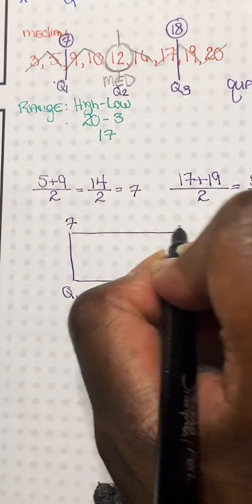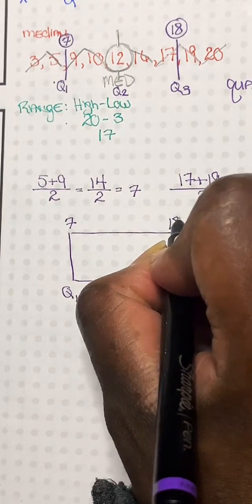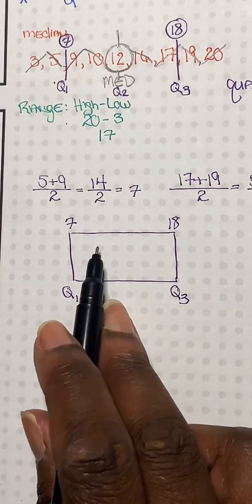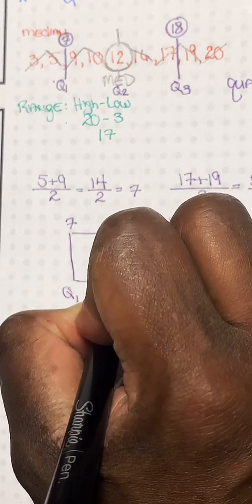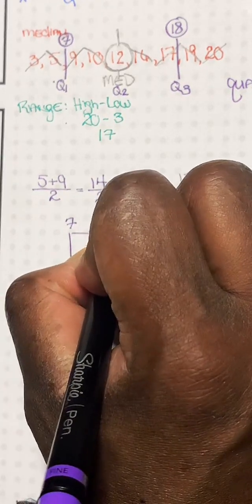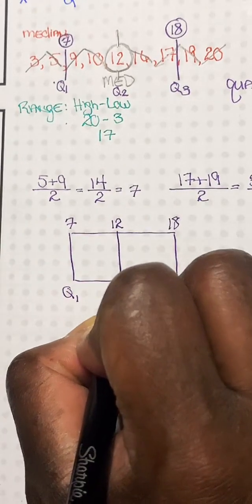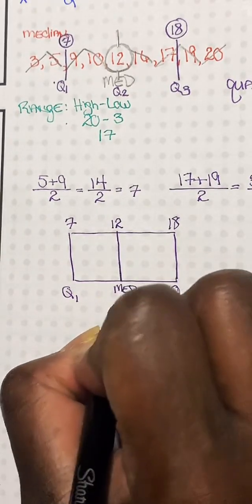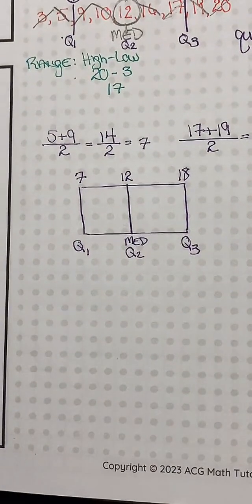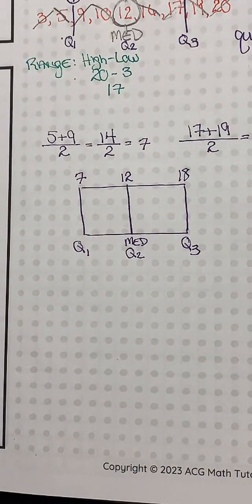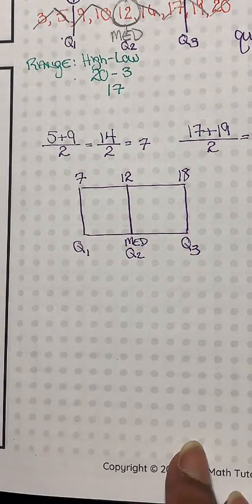So here is my 7, here is my 18, and my median was 12. So it's going to be somewhere around here. Or I'm going to put Q2 because some tests do some things. But that's the box part.